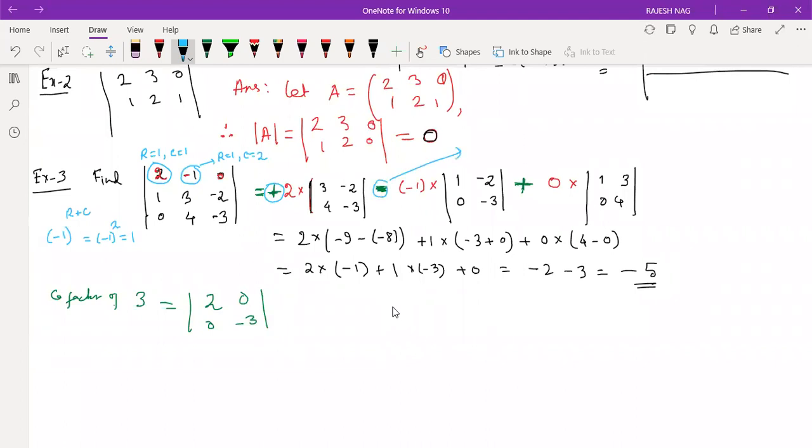This minus symbol is replaced by -1. The rule: -1 to the power row plus column, so that is -1 to the power 1 plus 2, that is 3. Sorry, -1 to the power 3. Naturally, since the power is odd, the value will be negative. So I use this minus symbol.